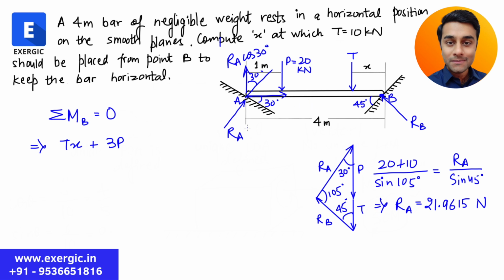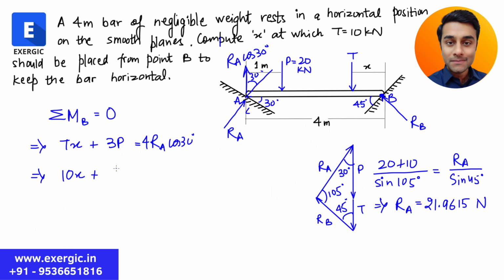So it will be resisted. Let me only show RA cos 30. So Tx plus 3P, the counterclockwise moment, will be resisted by the only clockwise moment, RA cos 30 multiplied by the perpendicular distance of 4. And now you need to solve it. T is given as 10 kilonewton. X is unknown.